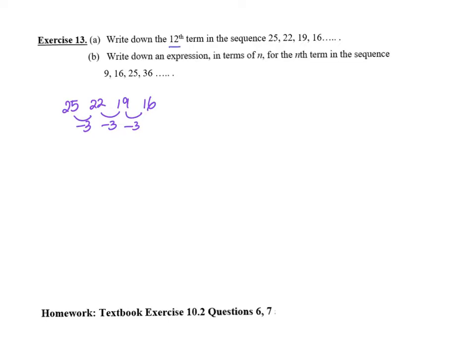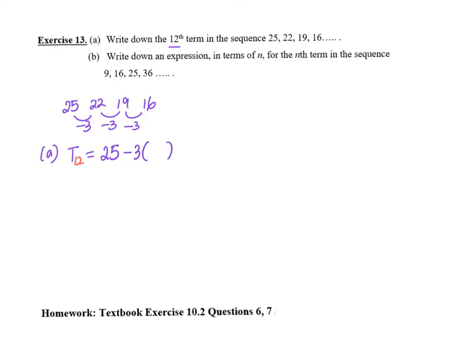They want us to find the 12th term, but before I find it, I know that this is actually a series with a common difference. So if I were to use my formula for Tn, or maybe I don't need to find Tn, I can just directly find the 12th term. T12: I'm going to take the first term, which is 25, and subtract 3.